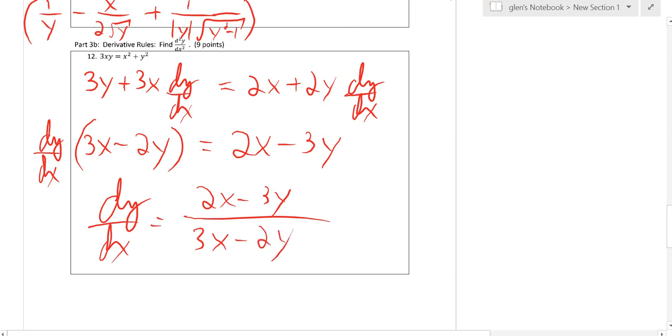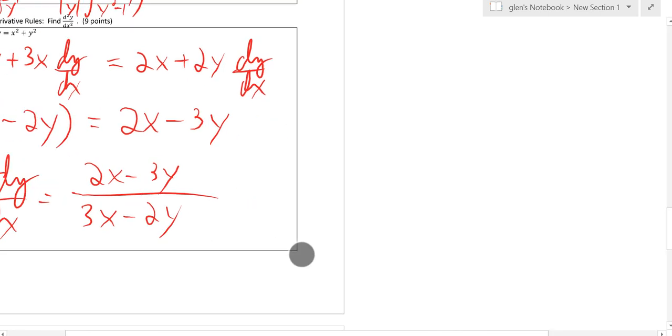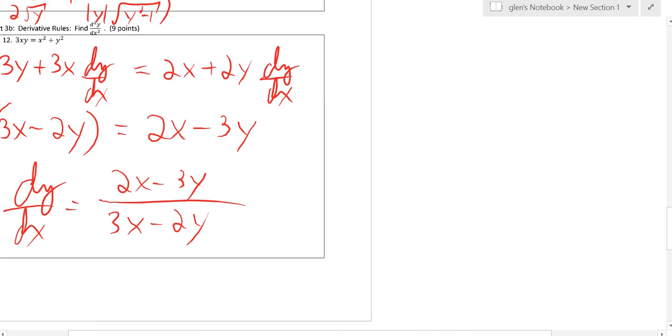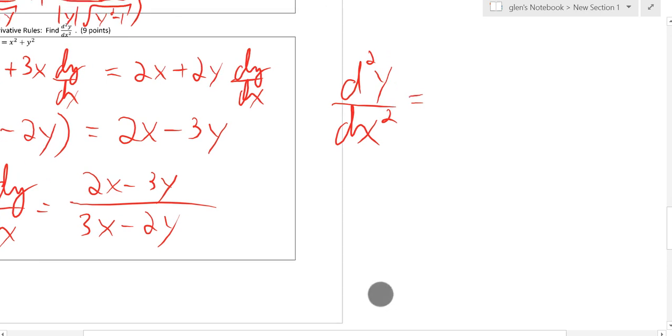Okay? And then we want to find the second derivative of that, so we're going to derive this thing, which requires the quotient rule. Cool? So, we are going to, right over here, derive the left side, and dy over dx turns into d squared y over dx squared. That has got to equal, by the quotient rule, derive the numerator. That's going to be 2 minus 3 dy dx.